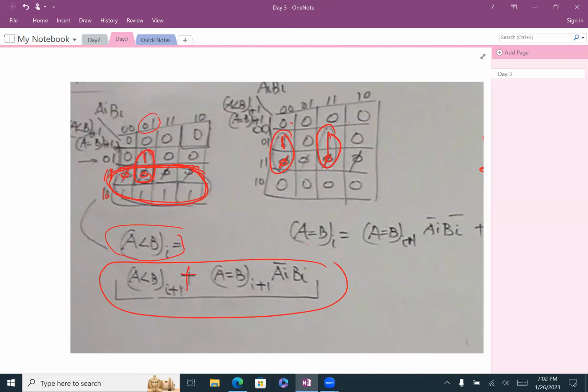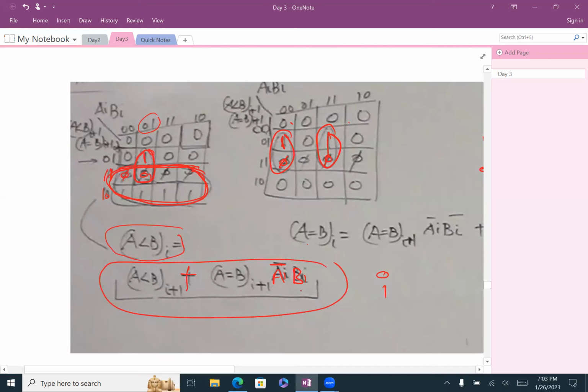When is it less? When A is 0 and B is 1. That's why we did A bar and B. So you will have only 2 conditions when A will be less than B. Either it's already less at the most significant bit, or it's equal in the previous stage and A is less than B in this stage.